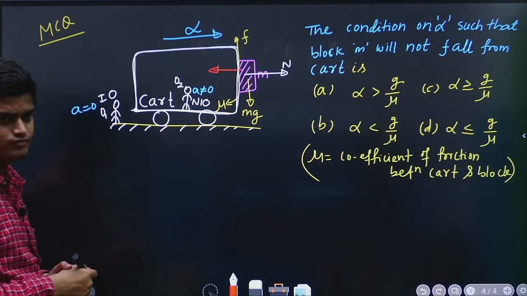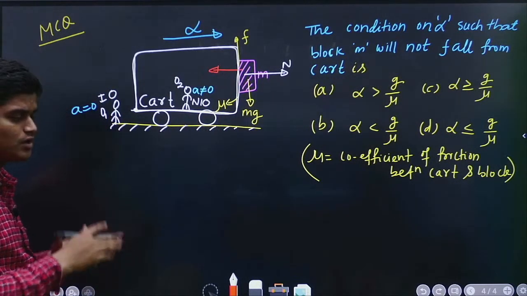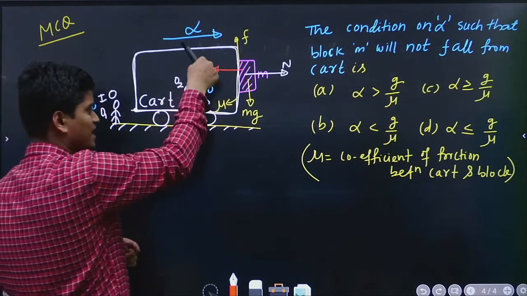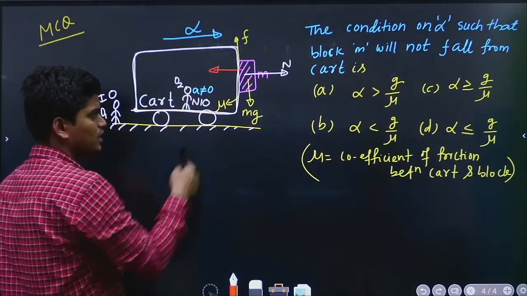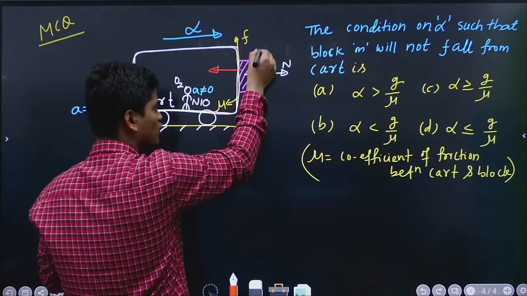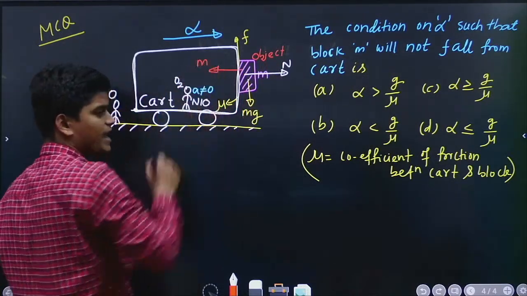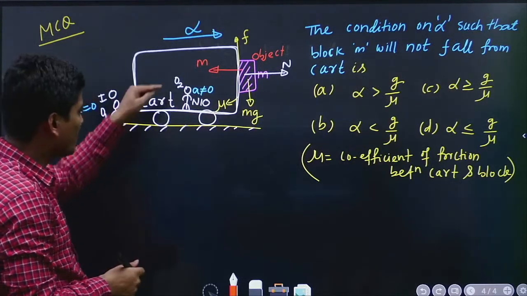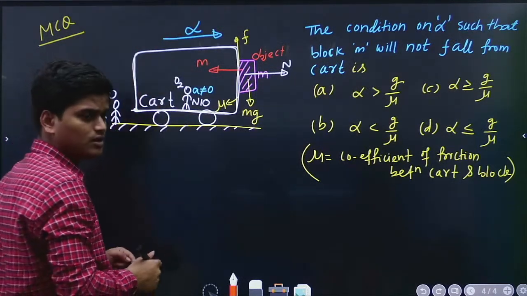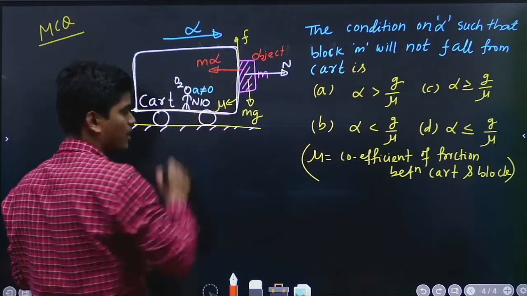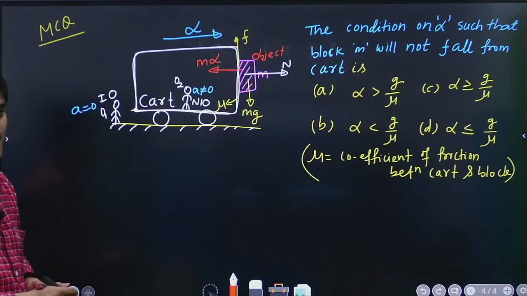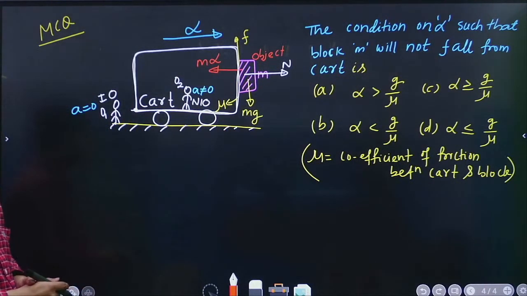Yes or no? Clear? Next, what is the magnitude of this pseudo force? The object's mass is M, and the acceleration of the observer is alpha, so put m into alpha. Is it clear or not?